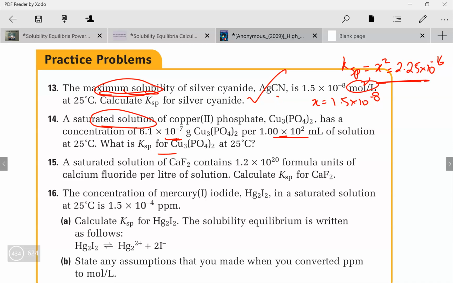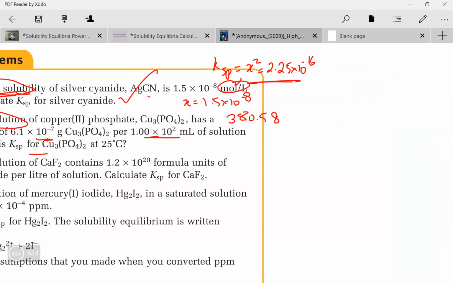First things first, we're going to find the molar mass of Cu3(PO4)2, copper 2 phosphate. Molecular weight is 380.58. Wonderful. So I'm going to convert my 6.1 times 10 to the power negative 7 grams, 1 mole per 380.58 grams.